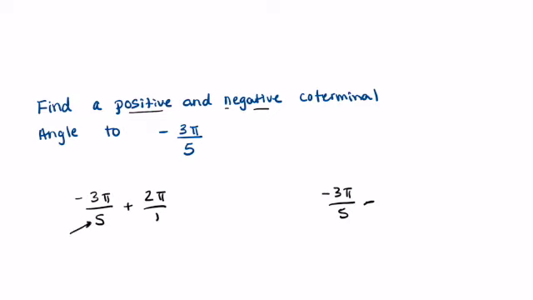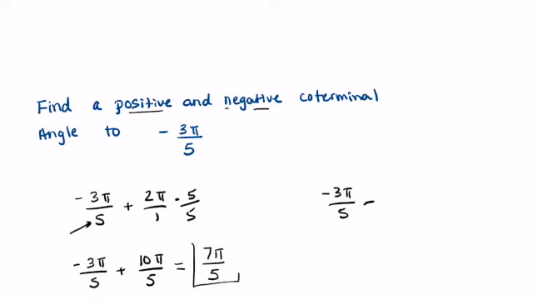I know I've got to get that common denominator, so I'm going to multiply the top and bottom by 5. That gives me negative 3 pi over 5 plus 10 pi over 5. So negative 3 pi plus 10 pi gives me 7 pi over 5. There's my positive coterminal angle.